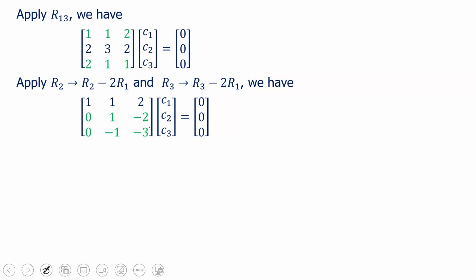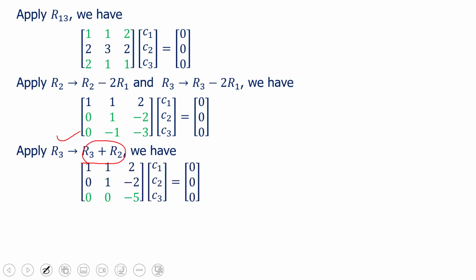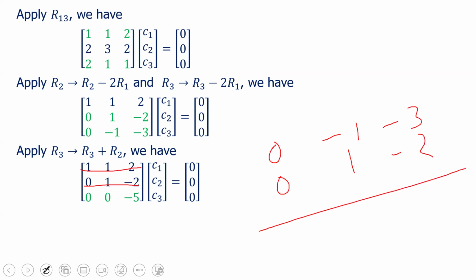Now we move to A22. With the help of A22, we make the entry below it 0. For this purpose, we apply the operation R3 plus R2 in R3. There is no change in the first and second rows. The third row is 0, minus 1, minus 3, and adding the second row gives 0, 0, minus 5.